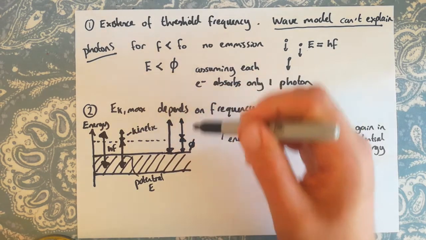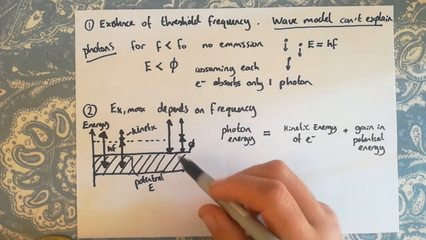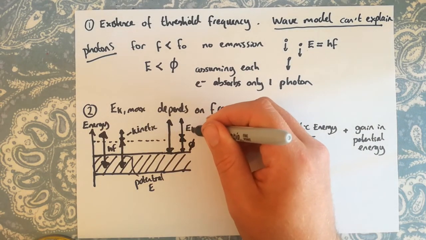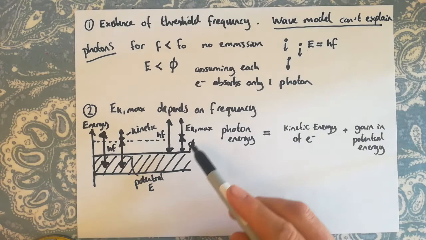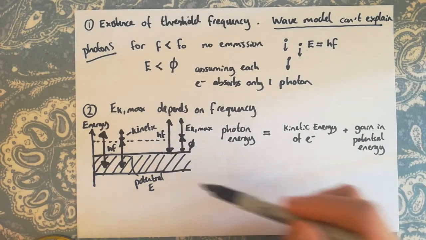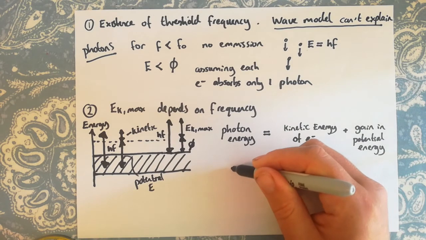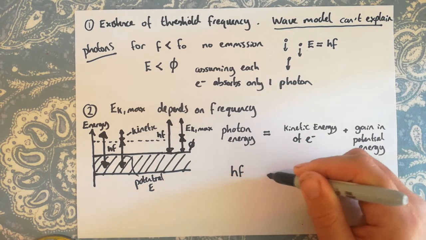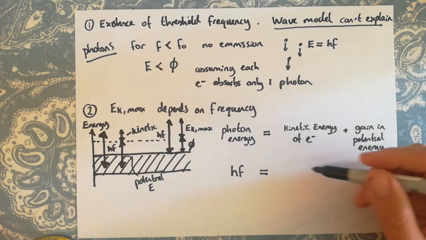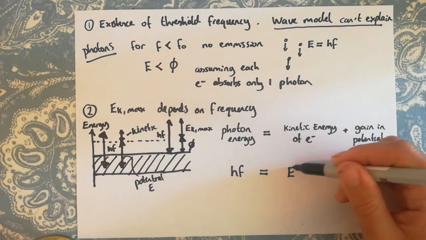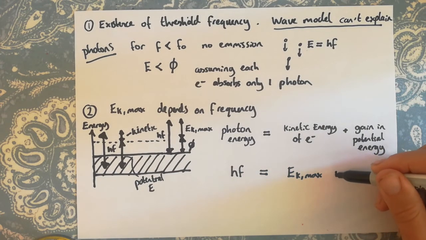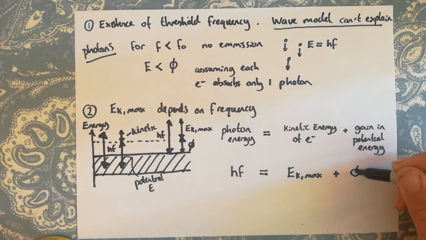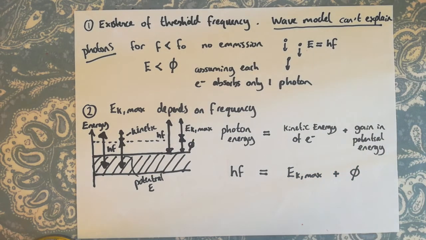And the energy that it has once it's escaped, its kinetic energy, we've defined as EK max. So applying this idea of conservation of energy to our most energetic electron gives us this relationship. The energy that the photon gives is equal to the kinetic energy of that most energetic electron plus the work function, which is the amount of energy it has to spend to escape from the metal.